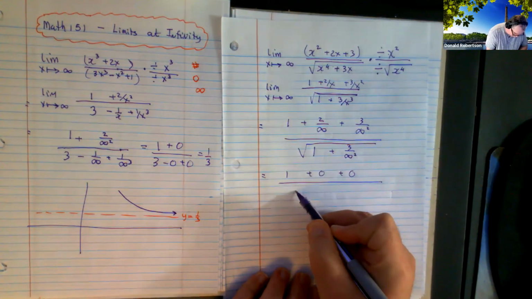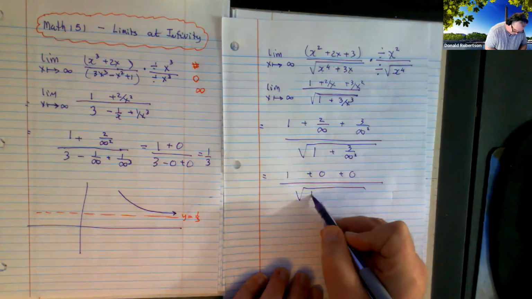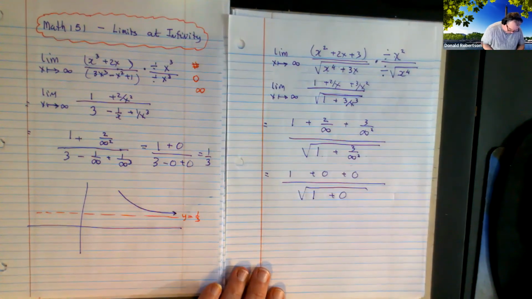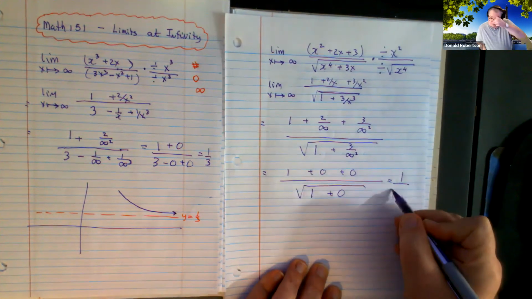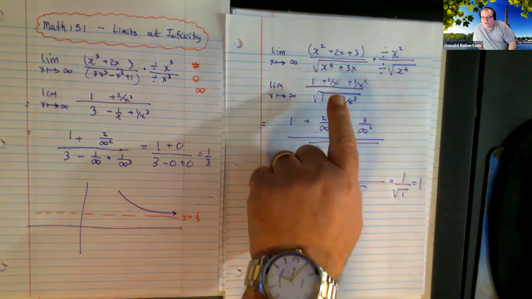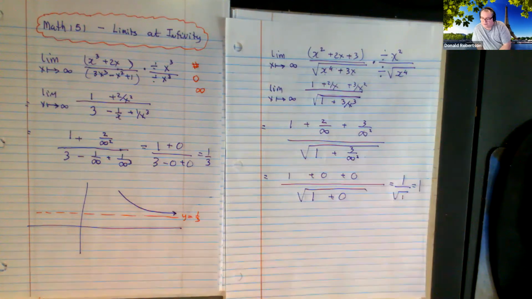This guy is 1 plus 0. Almost done. Top adds up to 1. The bottom is square root of 1. Well, isn't that just 1? So the limit of this guy as x tends to infinity is the number 1. Are we good?